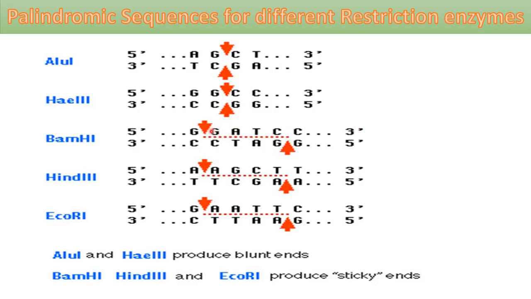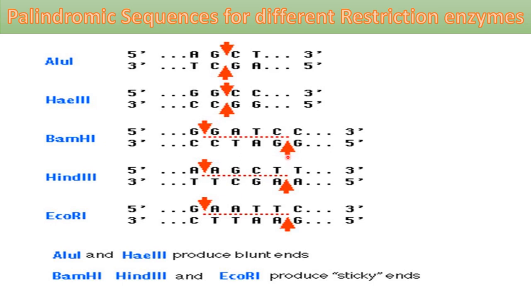One fragment of DNA will have this overhanging structure like a GATC sequence, and the other DNA strand will be cut down here and will also have an overhanging structure. That's why these ends are called sticky ends.